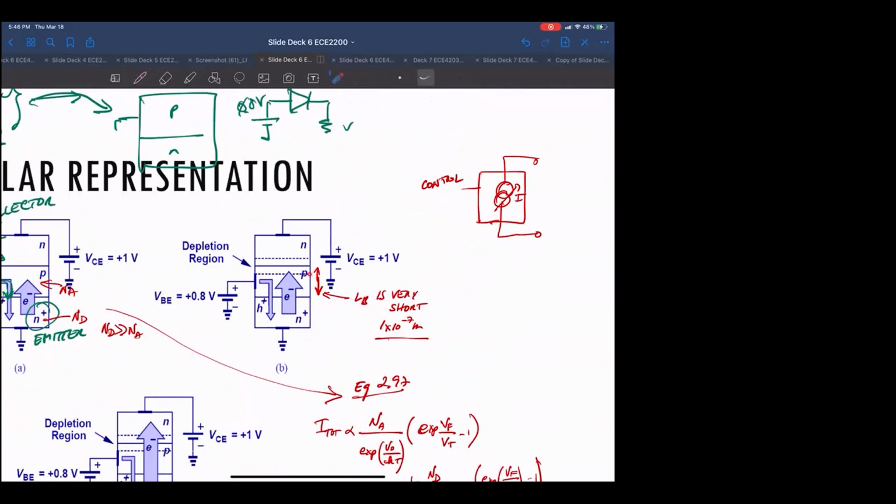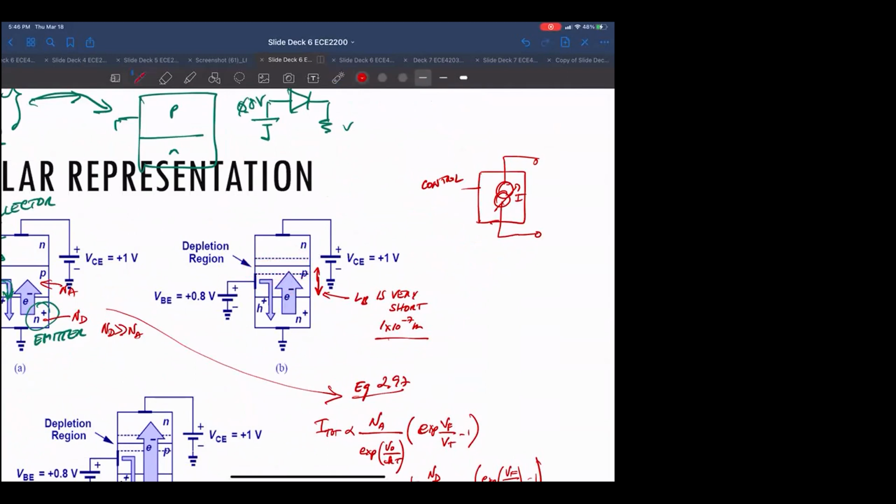This junction is reverse bias, so it's preventing holes from getting here. But if you have any electrons here, they get pushed by the electric field across.